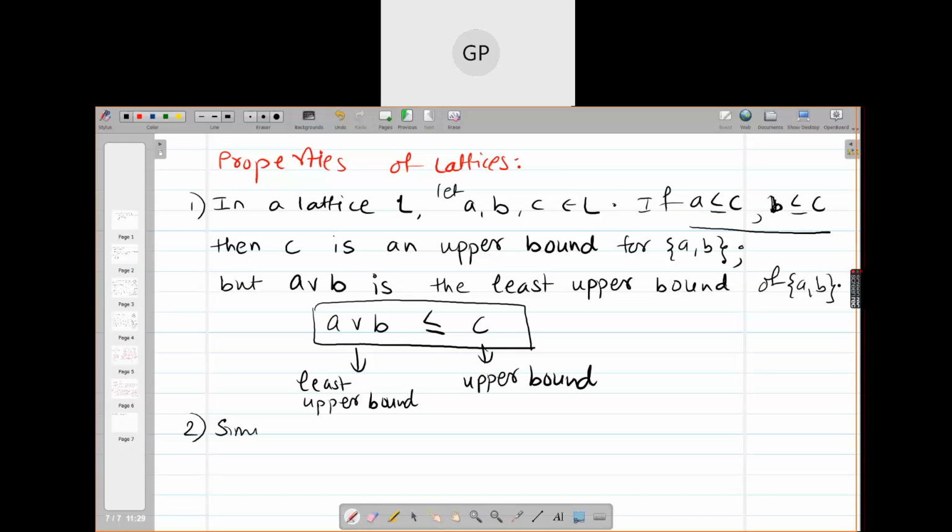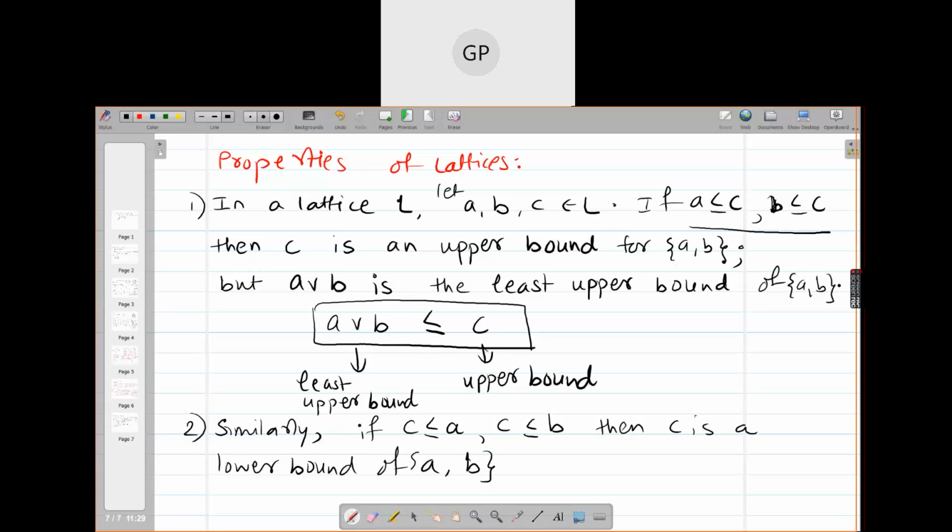Similarly, if I talk about lower bounds: if C is less equal A and C is less equal B, then C is a lower bound of A and B, right? But what is A meet B? A meet B is the greatest lower bound.